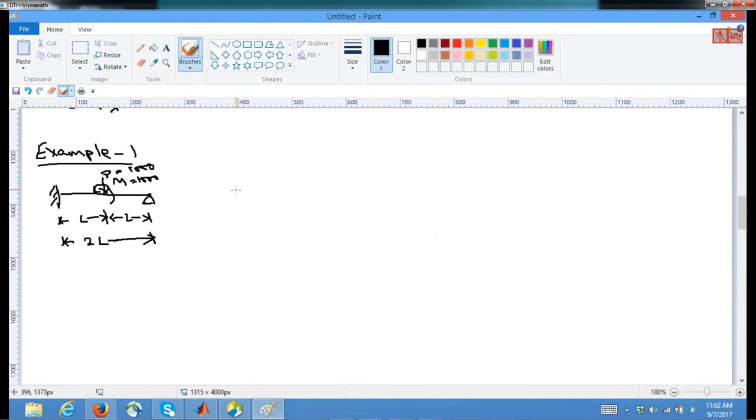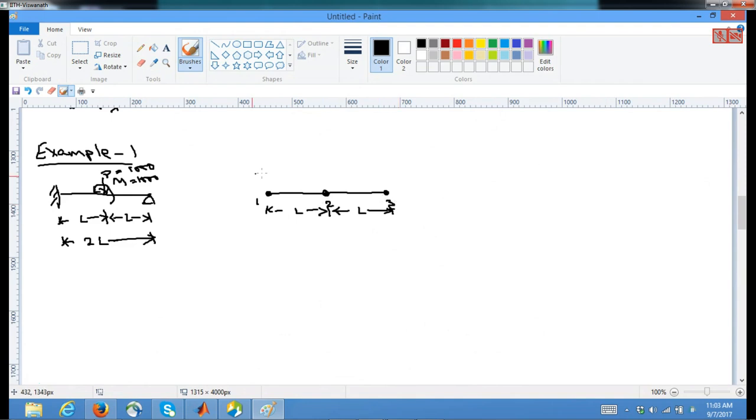I could have solved it using one single element, but however the choice that we have made for this simple example is we discretized the given beam into two elements such that this length is L, this length is L, this is node 1, node 2 and node 3.